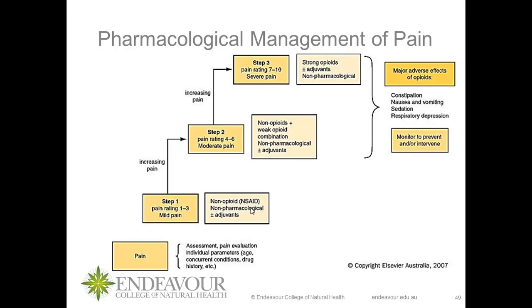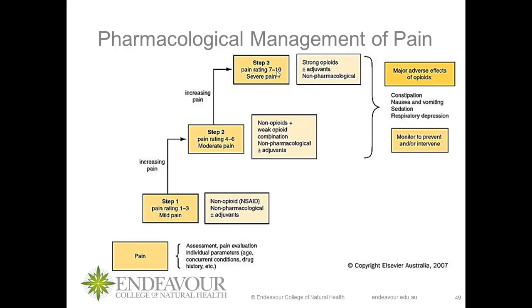But if it increases, the person starts rating the pain at 7 to 10. We now have a severe pain where opioids are definitely the drug that is indicated. That might be with or without adjuvants, and that might also still need those non-pharmacological strategies to work on the person's psychosocial factors.